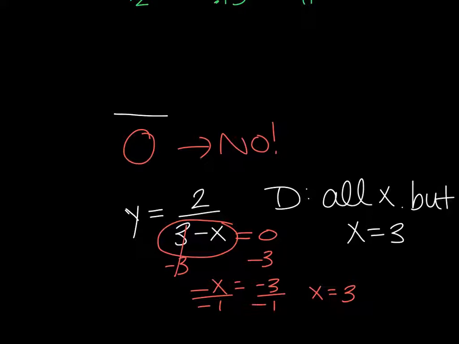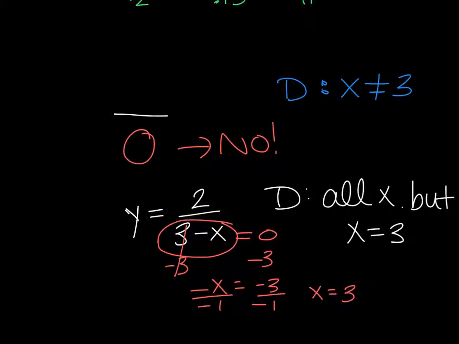So that's just one way to write it. We could also write it that the domain is x does not equal 3. So that just is saying that it's all x except for x equals 3. There's a couple other ways, but I think these 2 are pretty much the 2 ways to go. So this is how you find the domain when you have a fraction.